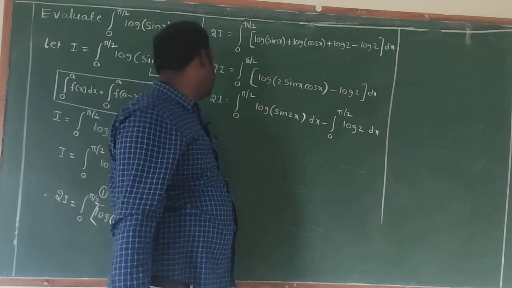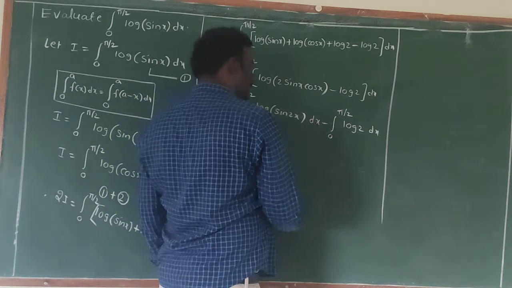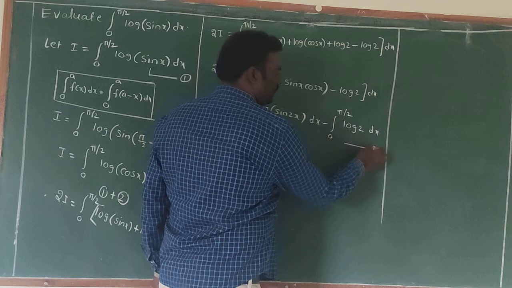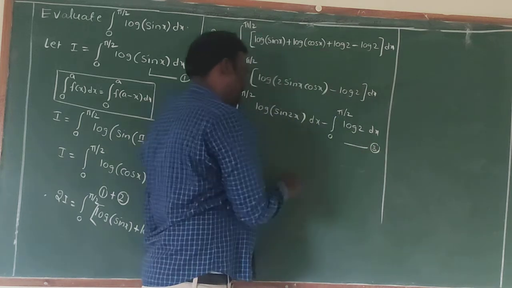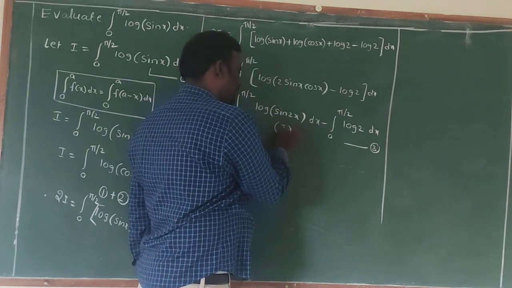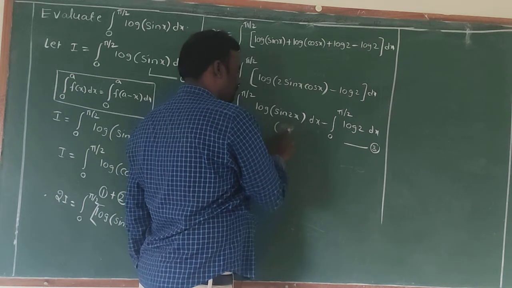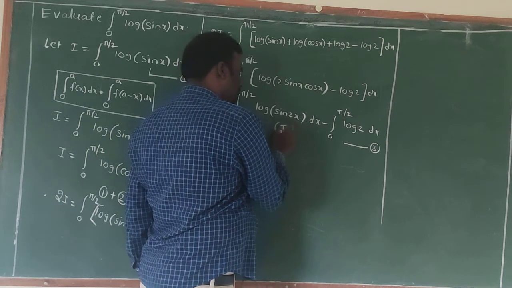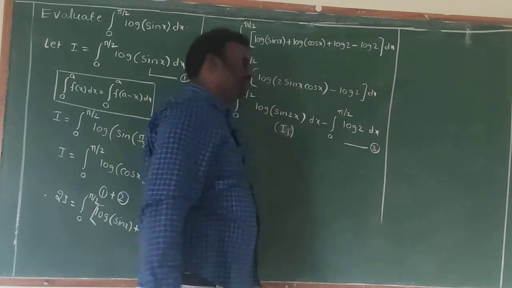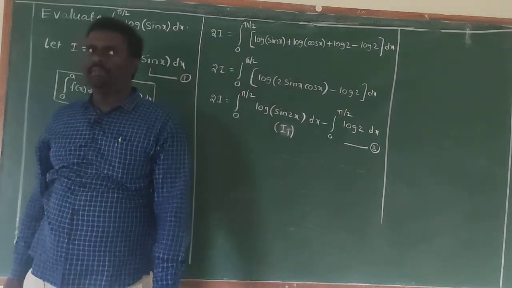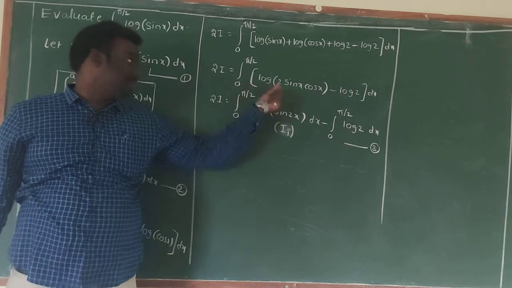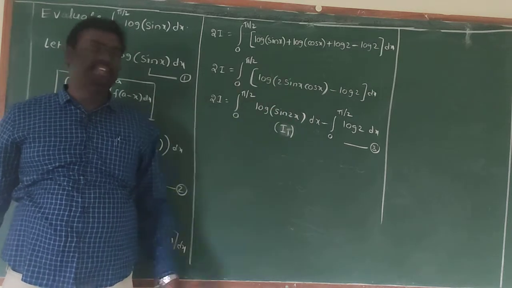Now this is equation 3, and this portion I am taking as I. Sorry, we already took I. We take this portion as I1. Why I took I1? We need to find this value separately and then substitute it again in equation 3.